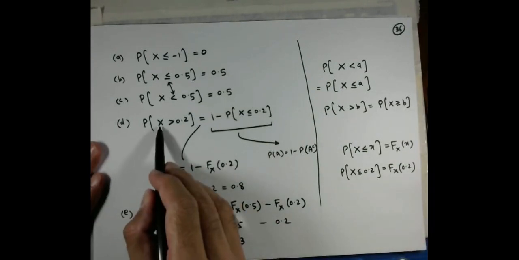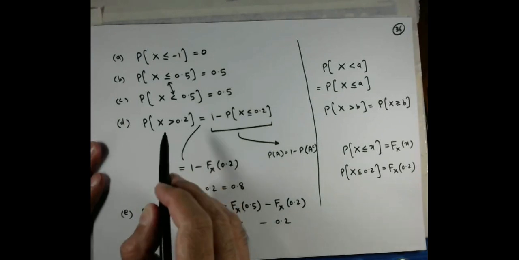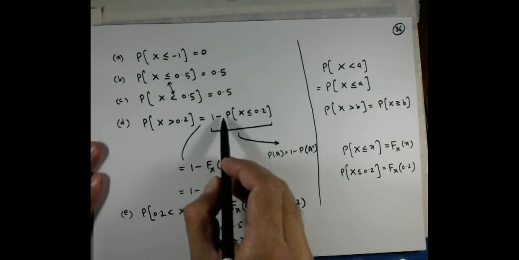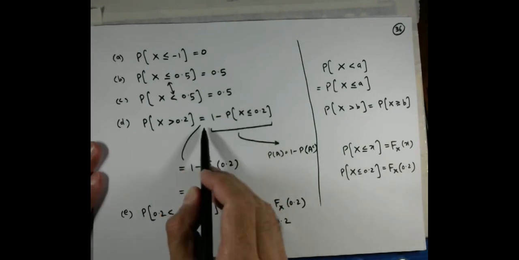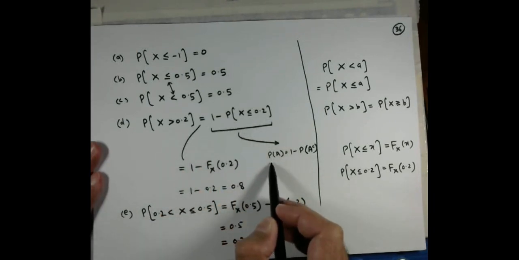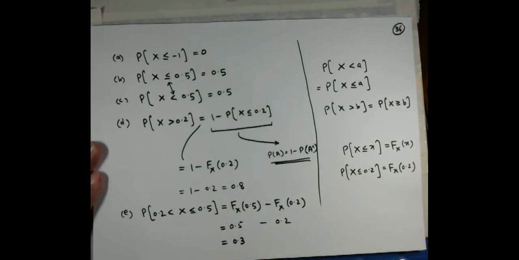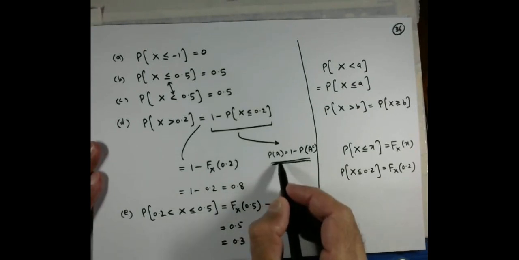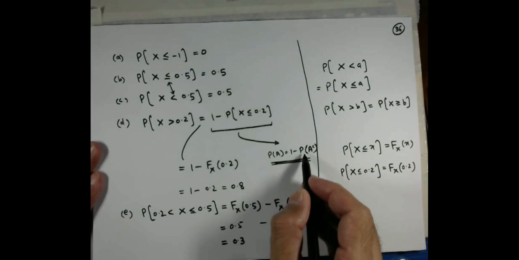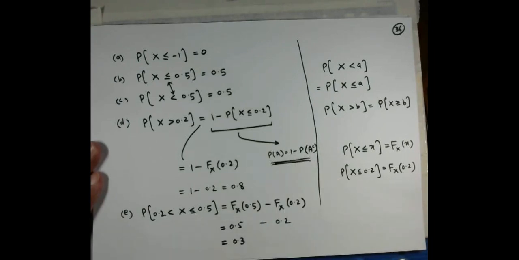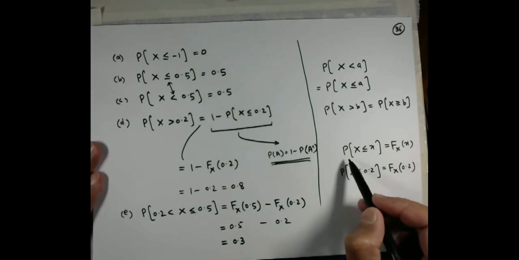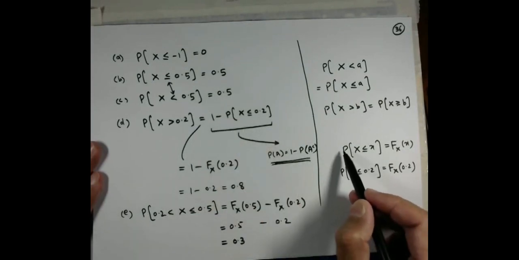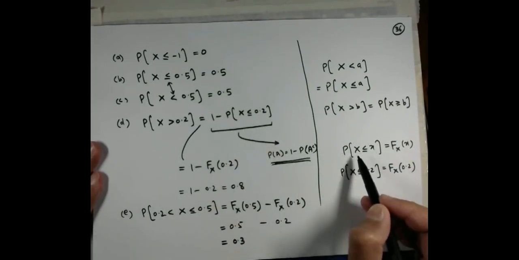For D, what is the probability that X is greater than 0.2? We can easily write it as 1 minus the probability that X is less than or equal to 0.2, and this has been derived from this basic theorem: the probability of an event is equal to 1 minus the probability of the complement of that event. So now this is nothing but the CDF, because the CDF is written as such.